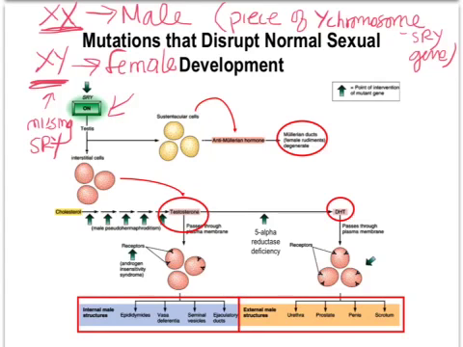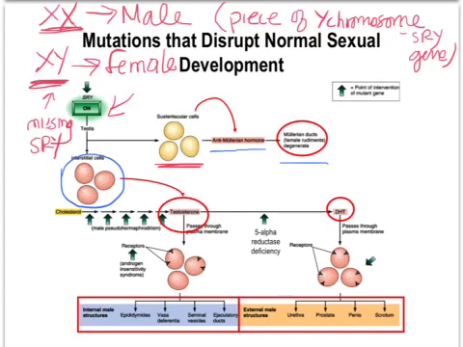When they get turned on, those gonads start to turn into testes, and some of the cells within the testes start to synthesize anti-Müllerian hormone, which will destroy the Müllerian ducts, which you need to do. Other cells stimulated by this SRY gene start to produce testosterone.